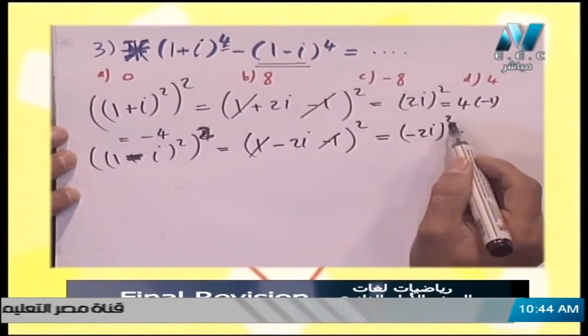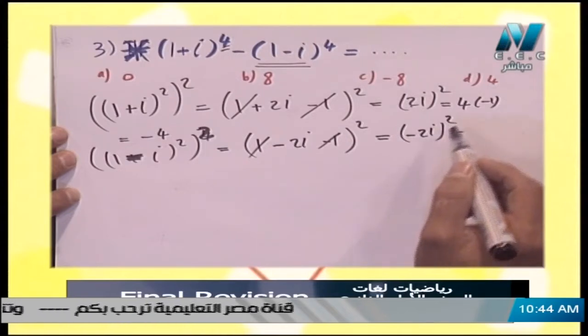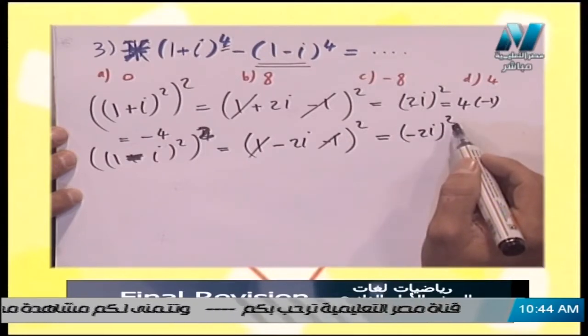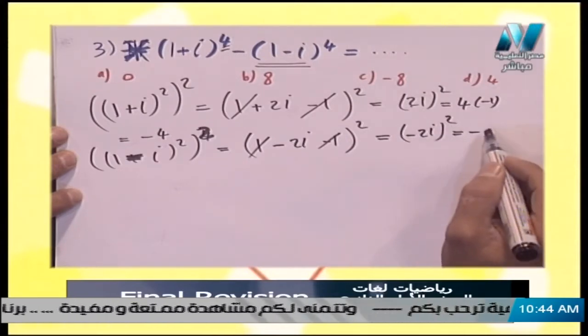Negative 2 power 2 equals 4, and i power 2 equals negative 1, so it's negative 4.